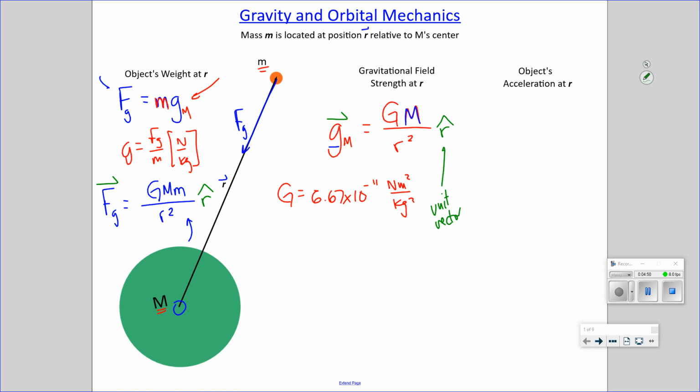The r hat direction is radially away from the center of an object, or from a point, I should say. But fields and forces both point toward objects, toward the center of objects. So to make that a true vector equation, we say that those fields and forces both point in the negative r hat direction.